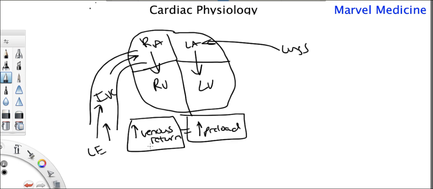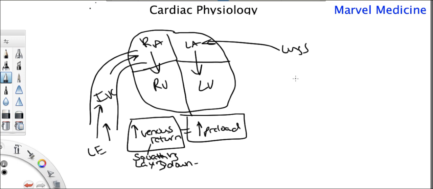What's another thing that can increase venous return? Squatting, right? Same thing. Laying down. And one really interesting thing to know is, what happens when your brain becomes hypoxic?